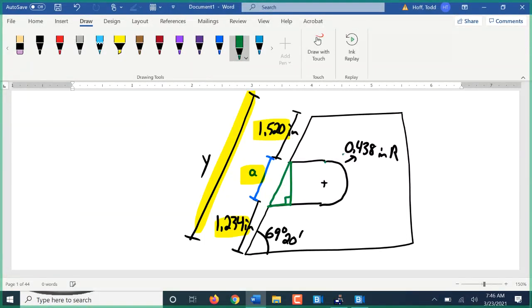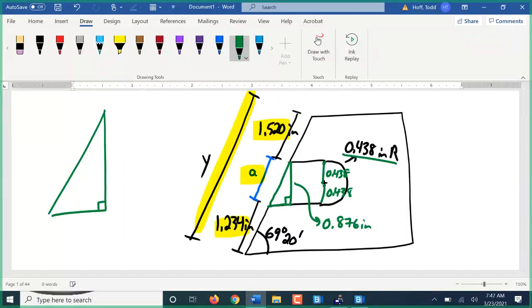Well, this being a radius of 0.438, that means that this is 0.438. And this is 0.438, making this dimension 0.876 inches. So in that triangle, we have 0.876 inches here.